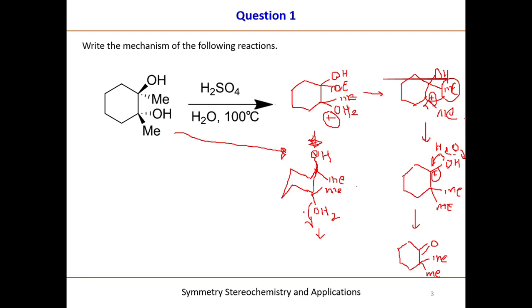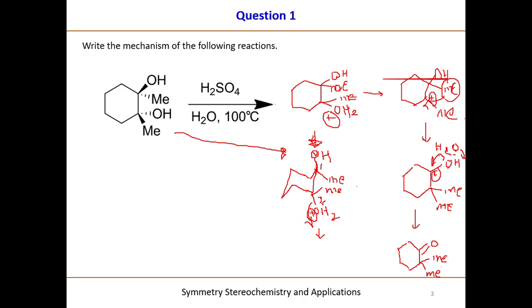I am writing directly, please understand, because it has become difficult to draw. This is the OH group with positive charge, and then this OH group will be eliminated to form a carbocation over this carbon atom, carbon number 2.